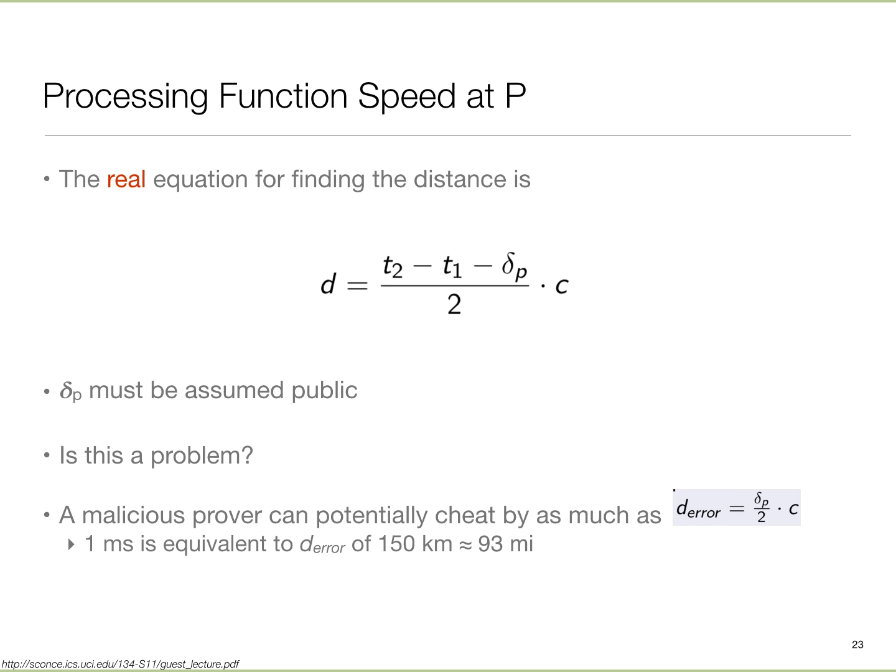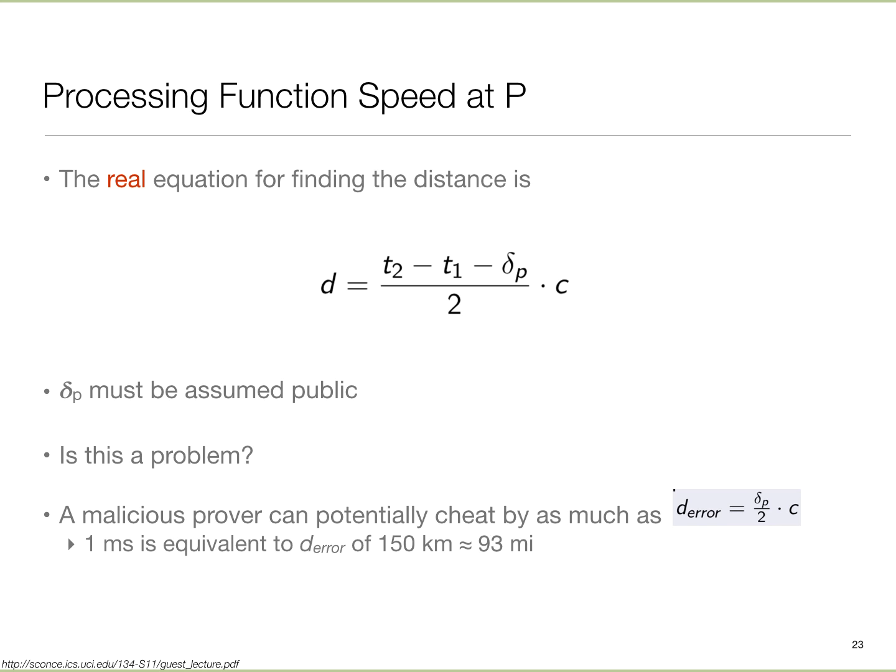So what we really have overall is the following: our distance measurement is being done using something like this. There is P2, P1, there is a turnaround time, and that's how the distance is calculated. And this turnaround time is going to be normal, right?